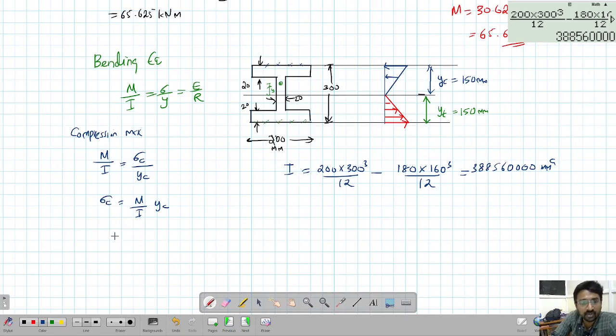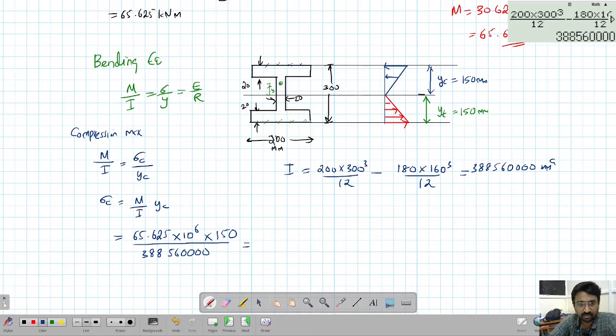Now just substitute the value. What is the value of the moment? The moment is 65.625. Be very careful here: you have to convert the moment from kilonewton meter to newton mm, so you multiply by 10 raised to 6. yc is given as 150, divided by 388560000. So what is this value?